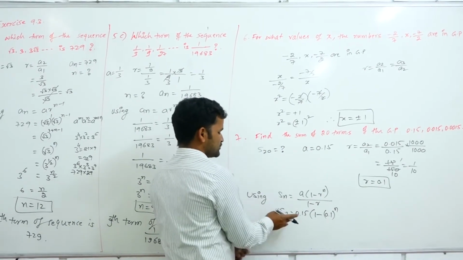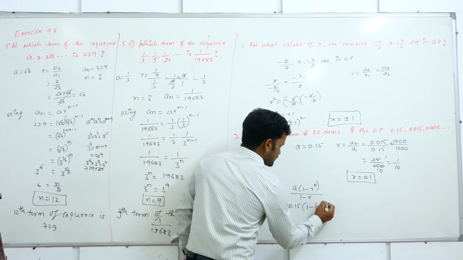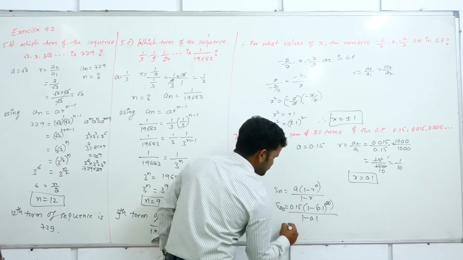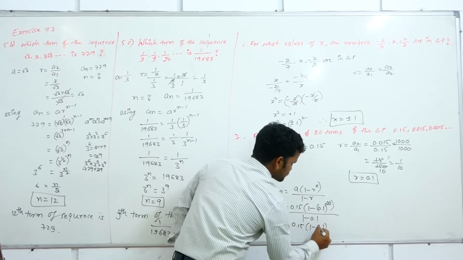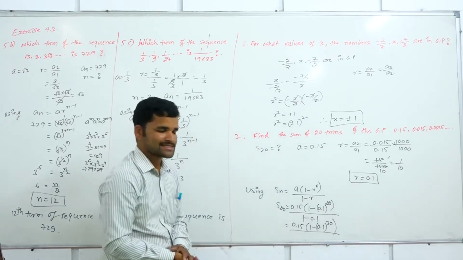N also we can substitute. N is 20, divided by 1 minus r. 1 minus 0.1. 0.15 into 1 minus 0.1 to the power of 20 divided by 1 minus 0.1 is nothing but 0.9.